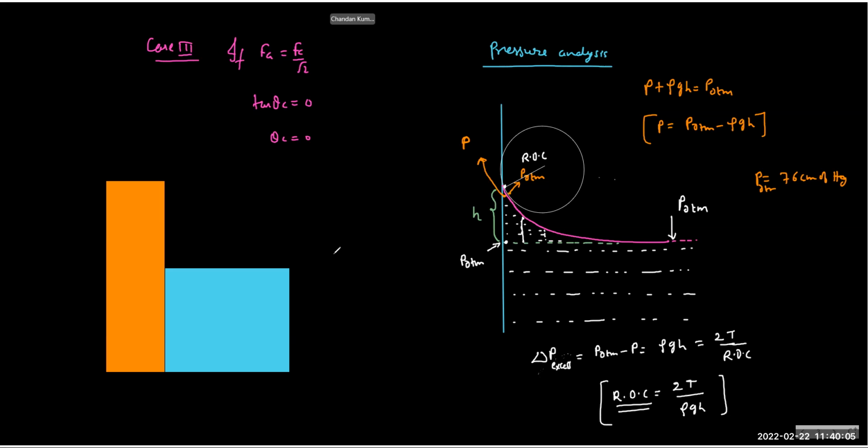If we have any surface, this is outside, this is inside.